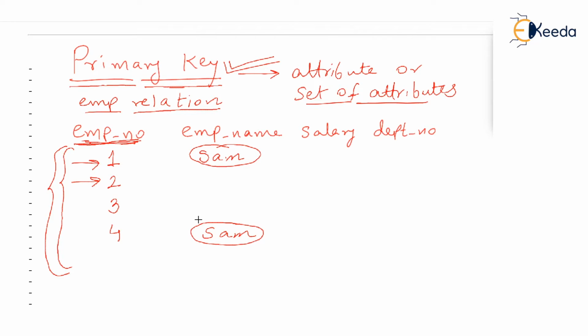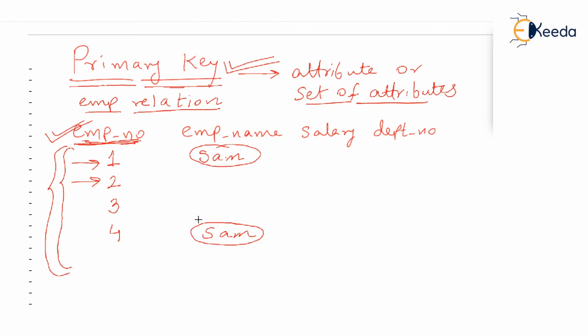It cannot be null. So two properties of primary key are: it is a column of a table, or a list of columns, which has unique, distinct values, and the value in this column cannot be null, cannot be empty. So employee number is the primary key of this table.